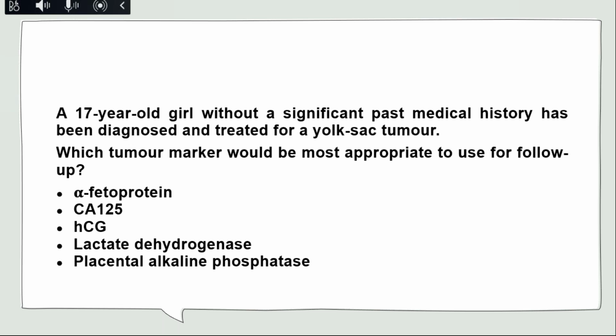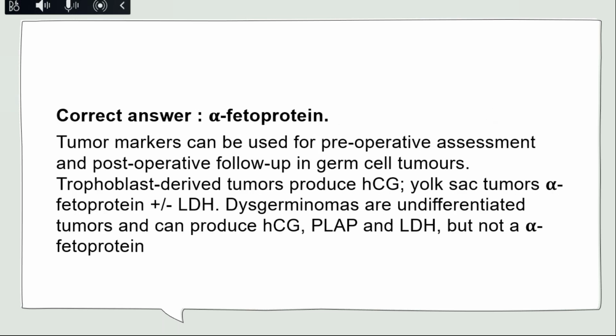Okay, let's see what everyone is answering. Yeah, so for the yolk sac tumor, the tumor marker is alpha fetoprotein. So we have to remember all of the tumor markers related to ovarian cancer.